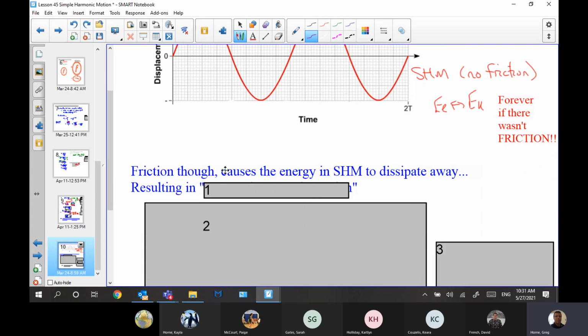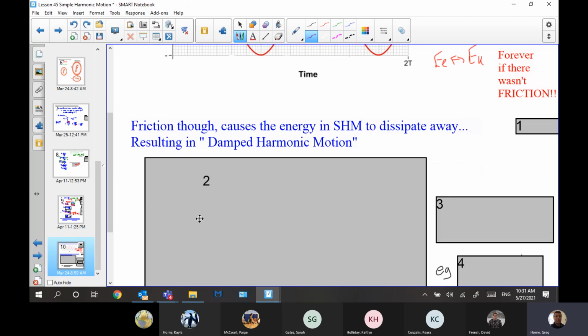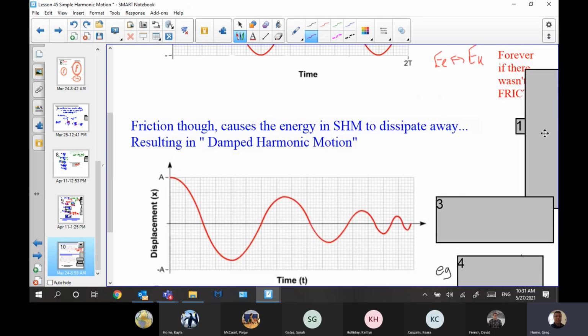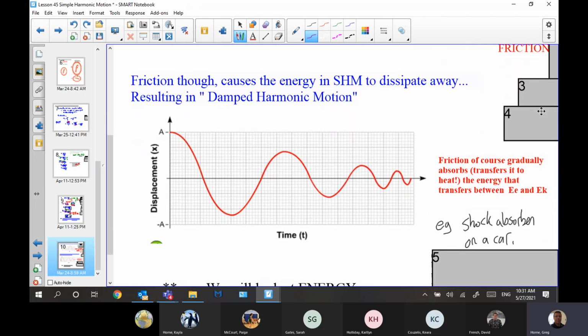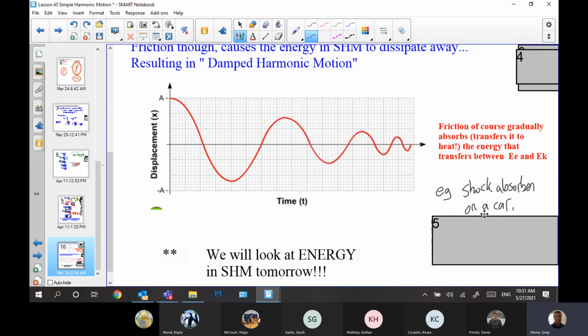So friction causes energy to dissipate away, and we saw this in grade 11. We called it damped harmonic motion or damped simple harmonic motion. So you get the original curve heights, and then it just dissipates away. Friction causes it. So that's not really anything new.